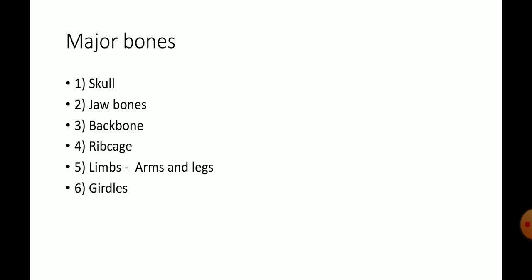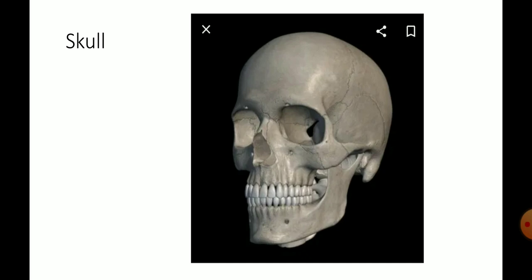And today we learn only three major bones, that is skull, jaw bones and backbone. Skull. The skull is a hollow structure that surrounds and protects the brain. So what is the function of the skull?